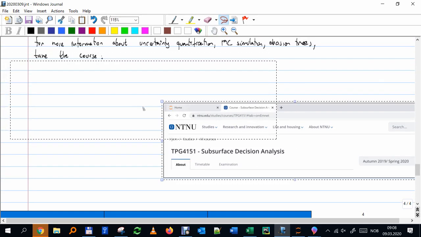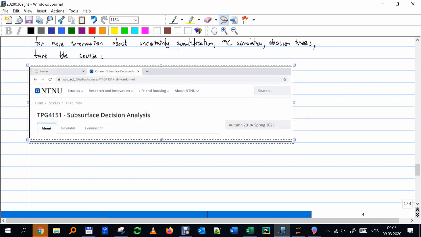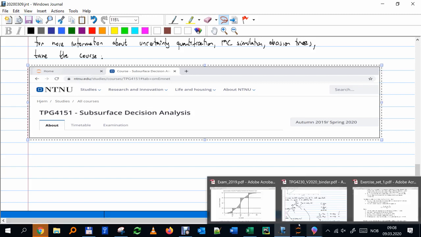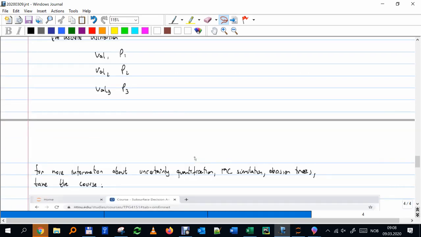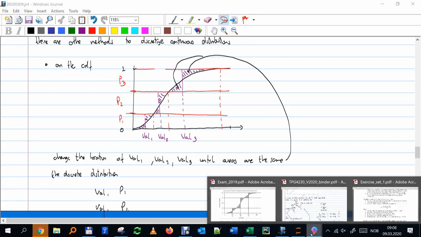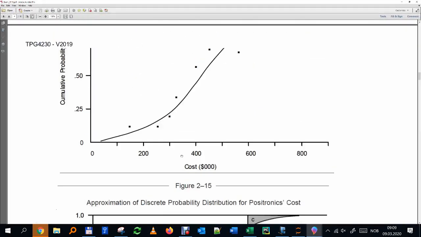Okay, subsurface decision analysis, because then we have to take decisions, and then we have to take into account what happens in the brain when we take decisions. And that method is called, this method here, I'm not sure if this guy mentions it.